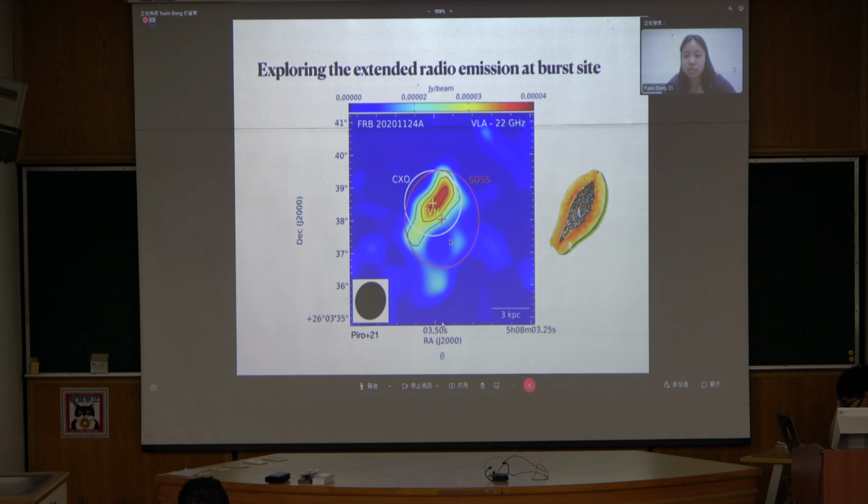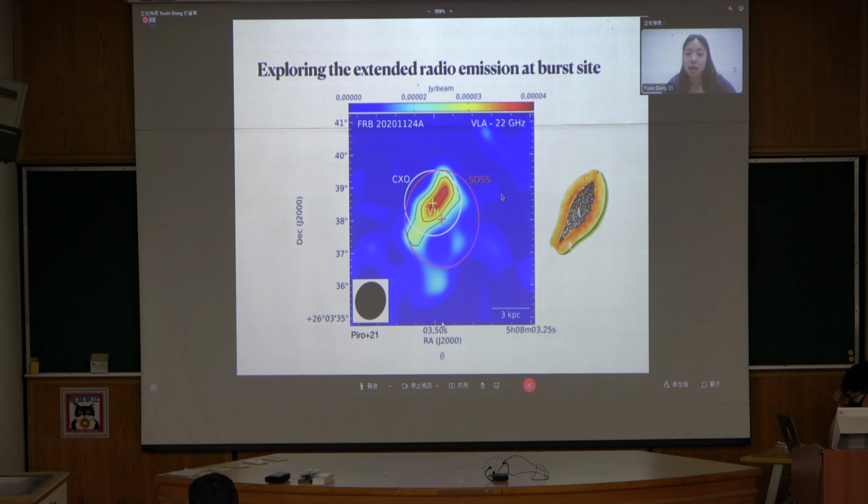And so what's more interesting is that Pirro et al. 2021 had presented high frequency Very Large Array, or VLA, observations of this extended radio emission very close to the burst site. So this is at 22 gigahertz. Again, the EBN is plotted as a yellow cross, as well as the half-light radius of the galaxy from SDSS.